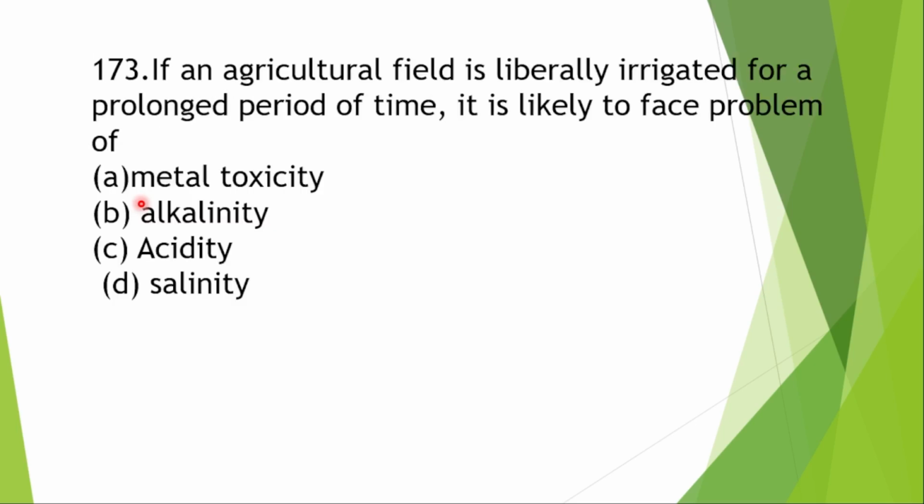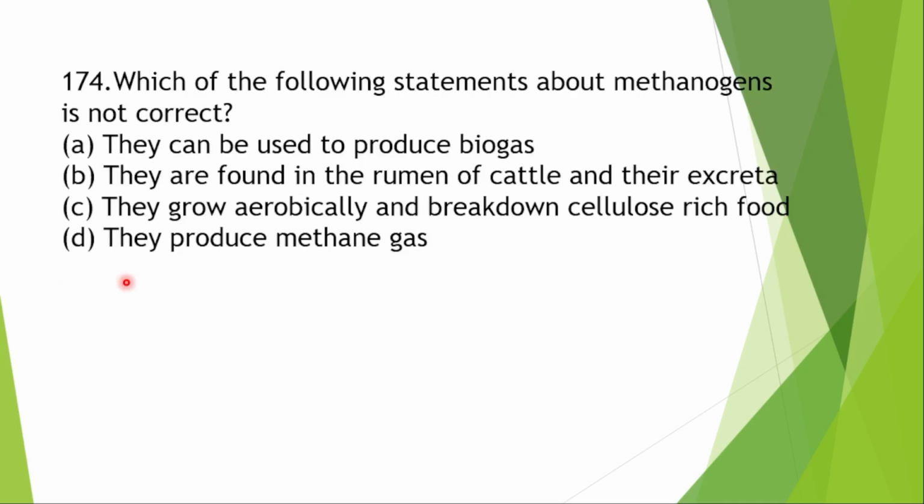So next one, 173. If an agricultural field is liberally irrigated for a prolonged period of time, it is likely to face problems of metal toxicity, alkalinity, acidity and salinity. It will be salinity. 174. Which of the following statements about the methanogens is not correct?